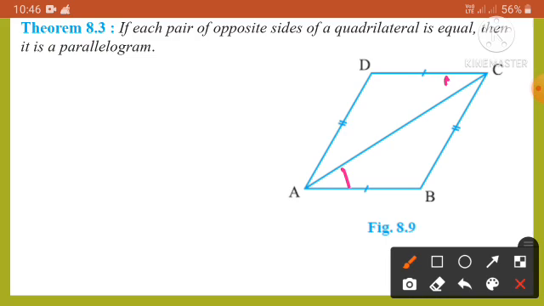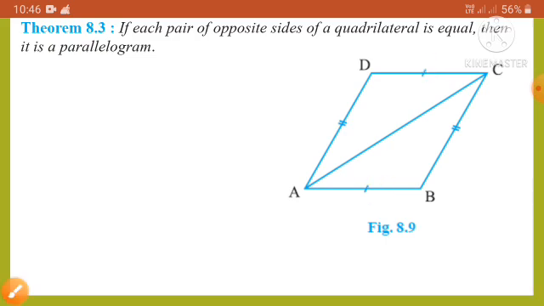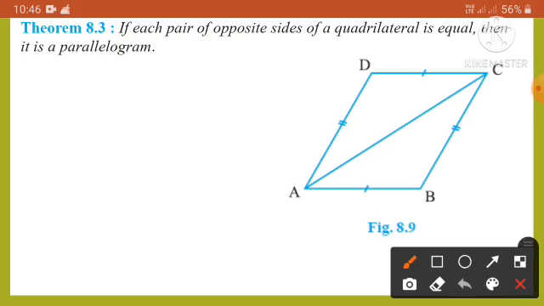So we can easily say that AB parallel to CD. And also for lines AD and BC with transversal AC, angle BCA and angle DAC are alternate angles, are equal. So we can say that AD parallel to BC.